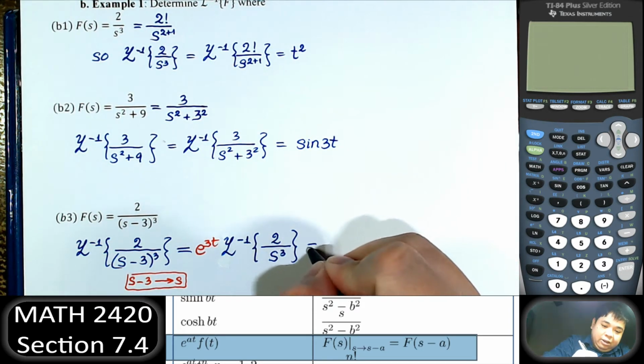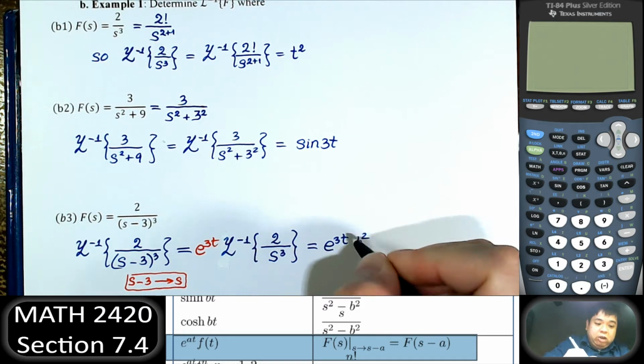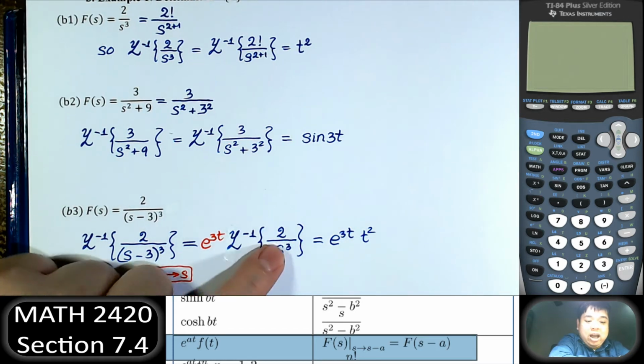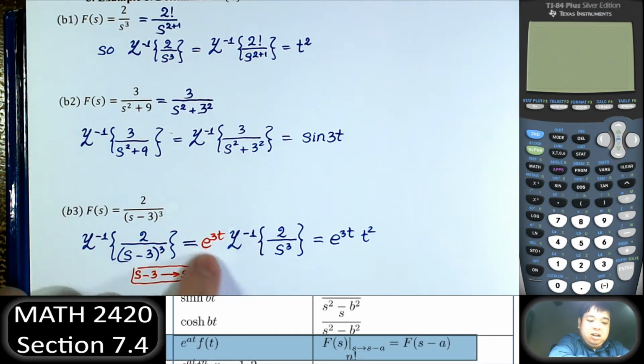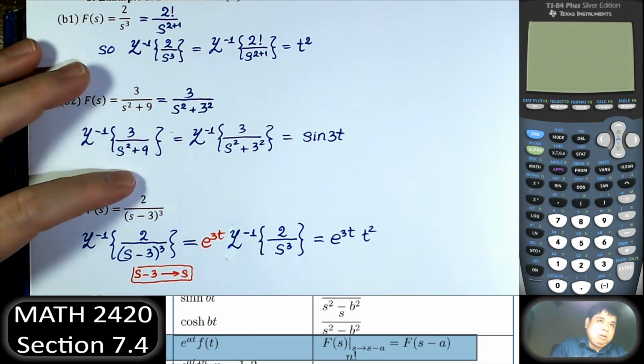So we have e to the 3t times t squared. So every time we have s minus something, if we replace that back to s, the price we pay is e to the at, right? Because we go from that table over there from right to left.